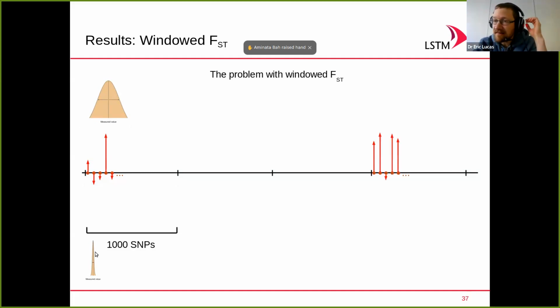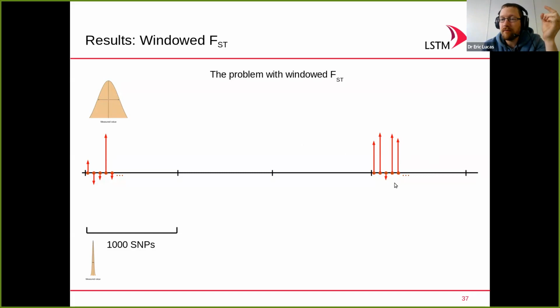If you take a window that's under selection, where SNPs have not really had time to undergo recombination, every SNP is much more likely to tell you exactly the same story. If you take a SNP at random, its FST will still be drawn from this rather broad distribution. But if the first SNP happened by chance to have a high value of FST, the next SNP you look at probably will as well, and the one after that, and the one after that.